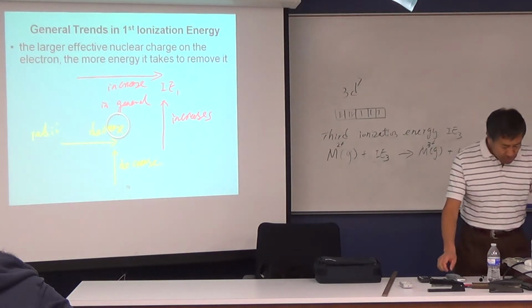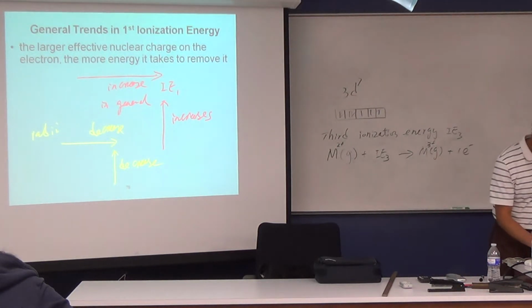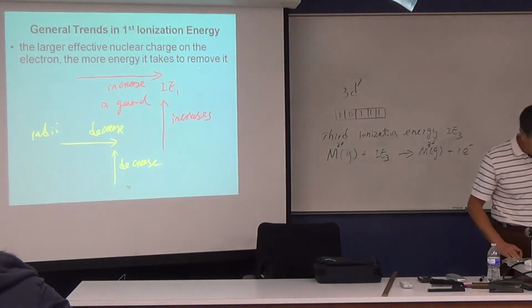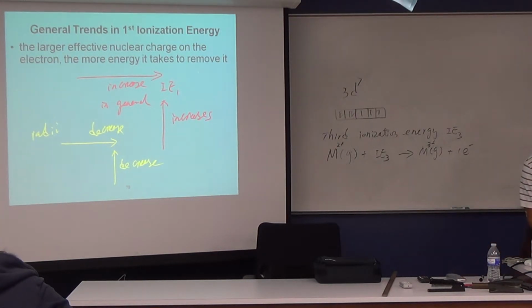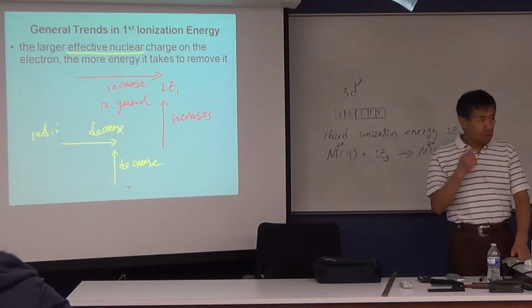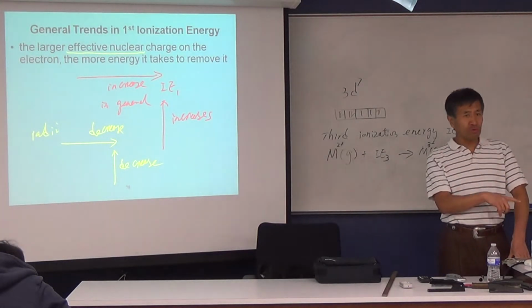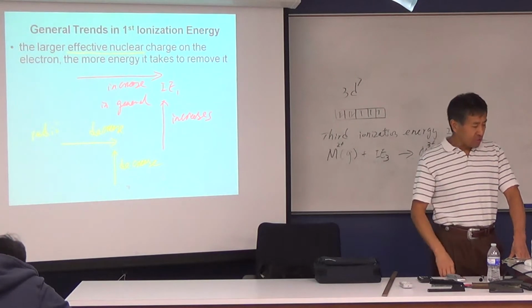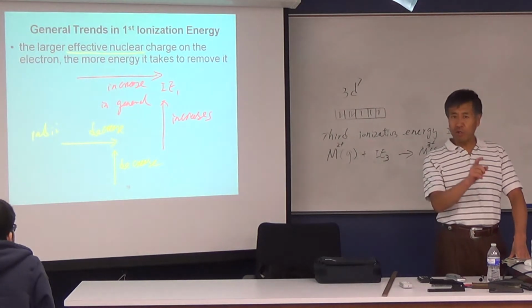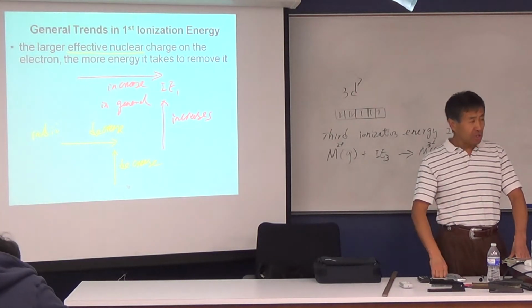So why does that happen, going from left to right, that the IE in general increases? That is because of what we said before, the effective nuclear charge. You gradually increase the atomic number from left to right, while the core electrons are pretty much the same.